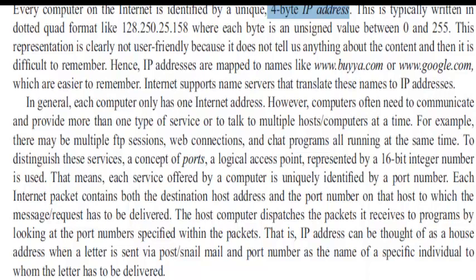This representation is not user friendly, and it's difficult to remember the dotted quad format. So that's why IP addresses are mapped to names, like www.google.com, while in the back we have the address in dotted quad format. It's the DNS which maps between these two.